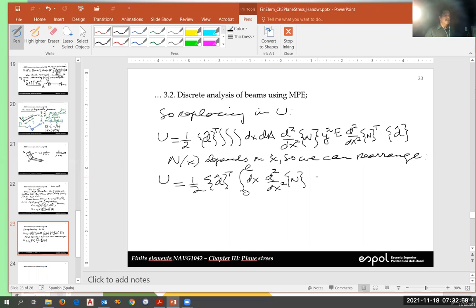These depend on x: the second derivative with respect to x squared of N, both transposed. Then we have the integration in the area, and we have y squared times E. And then we have this other term.